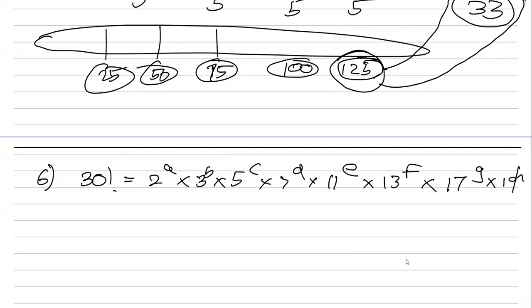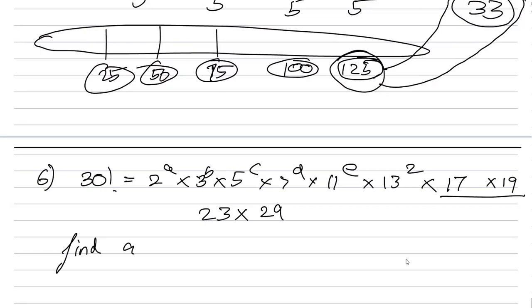It's obvious now that after 17, 19, 23, and 29, all of these are power 1. Okay, 13, I'll just tell you our answer is 2. Find a, b, c, d, e. C we have already found. You just need to find a, b, d, and e.